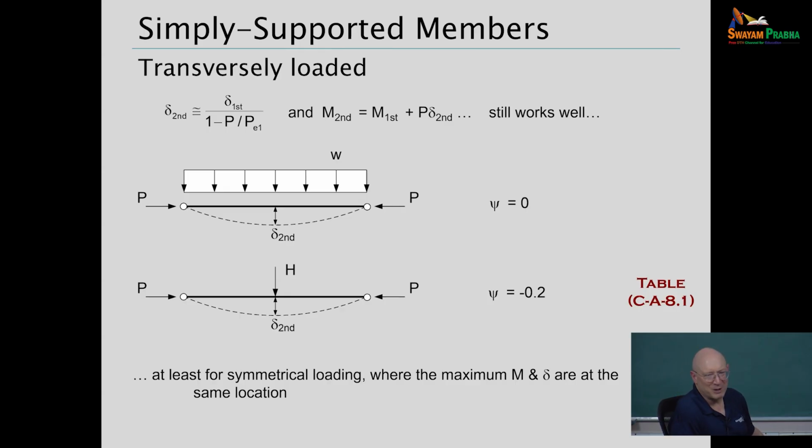This is what usually happens in most situations with the use of this formula for C sub m. You get a psi value that's negative, which means that your moment amplification is not as severe as your displacement amplification.